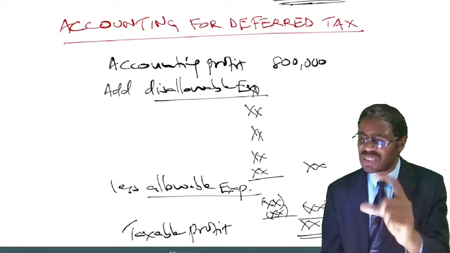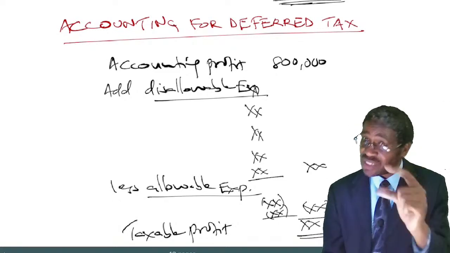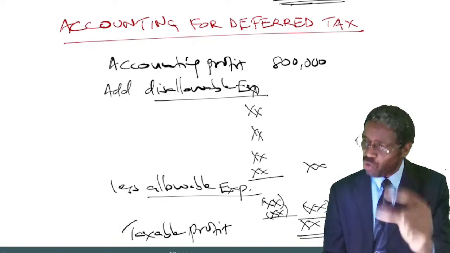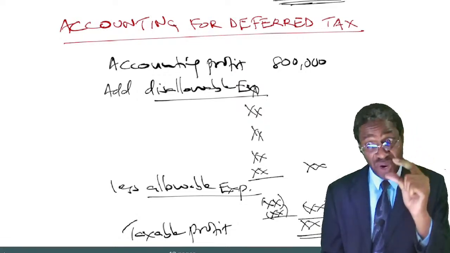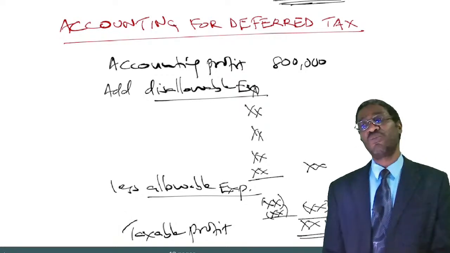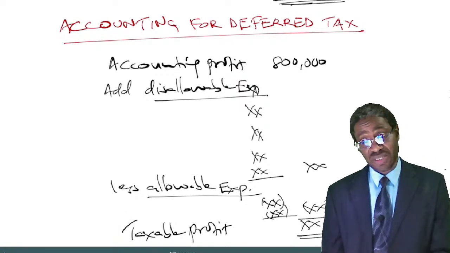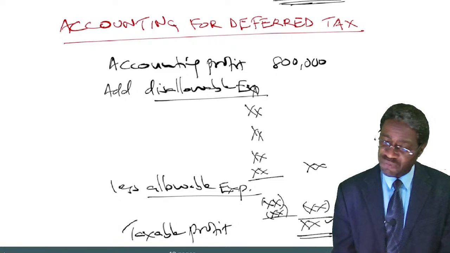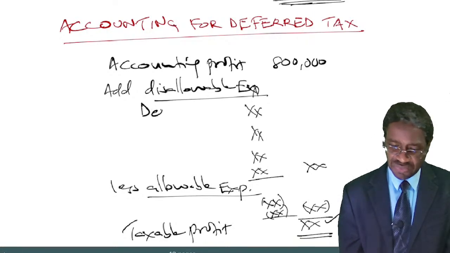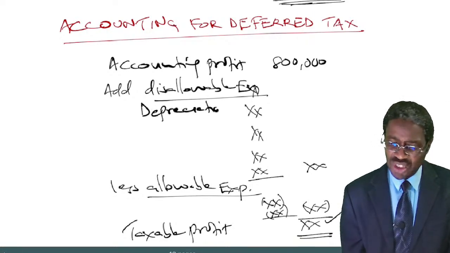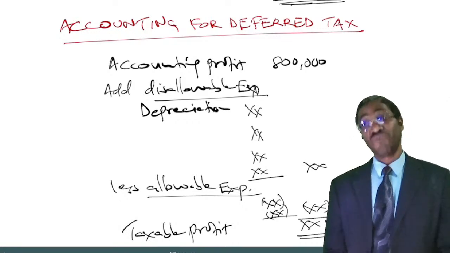And when expenses are overcasted, of course, profit is undercasted. So that's why we take the profit and add back the disallowable expense. I've given you one of them called depreciation. The taxman does not recognize the depreciation charge for the year.